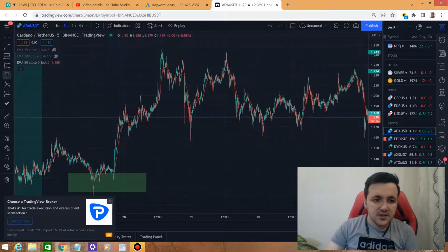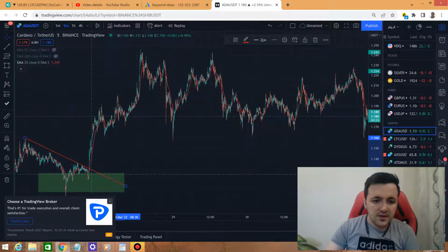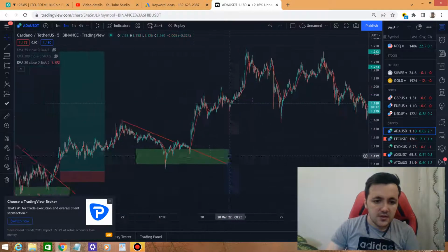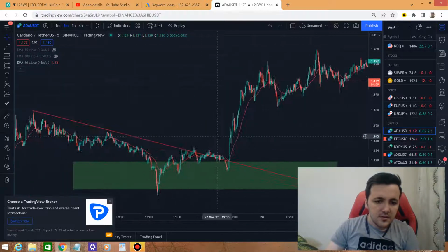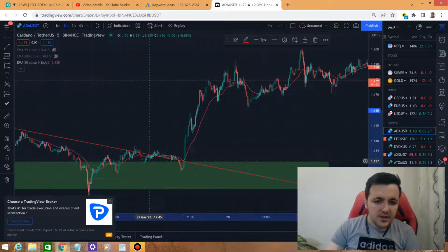Or in this section we have another trend line, and we can enter in this area and put a stop loss here, or we can enter here and put a stop loss here, but these candles are not very strong, and we need a strong candle.